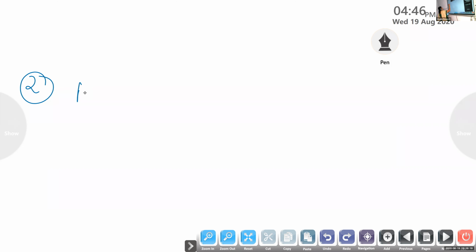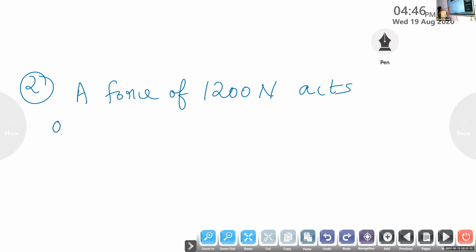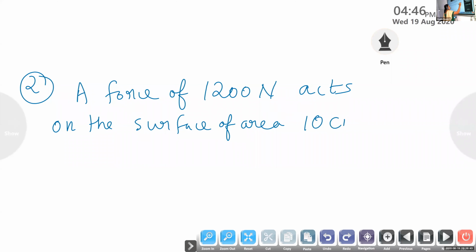A force of 1200 Newton acts on a surface of area 10 centimeter square normally.